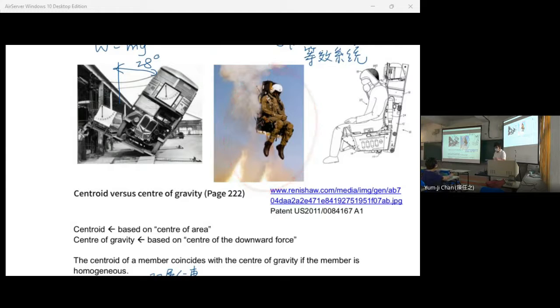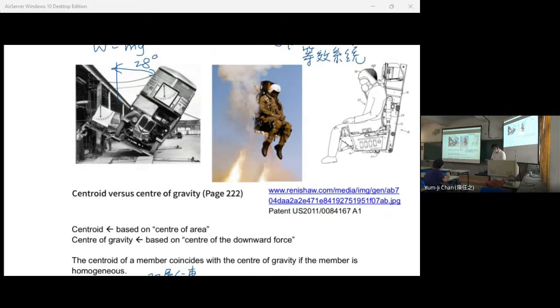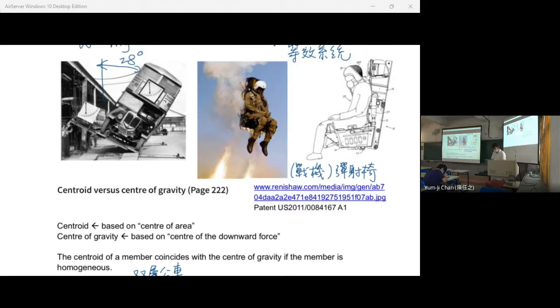Rocket Man. Rocket Man. In English, it is an ejector seat.